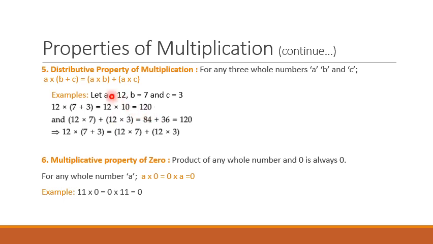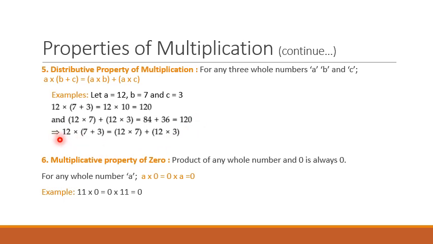Now if I consider the other side, then I will write it as 12 multiplied by 7 plus 12 multiplied by 3. Now 12 into 7 is equal to 84 and 12 threes are 36. So 84 plus 36 gives me 120. So in both the cases the answer is the same.